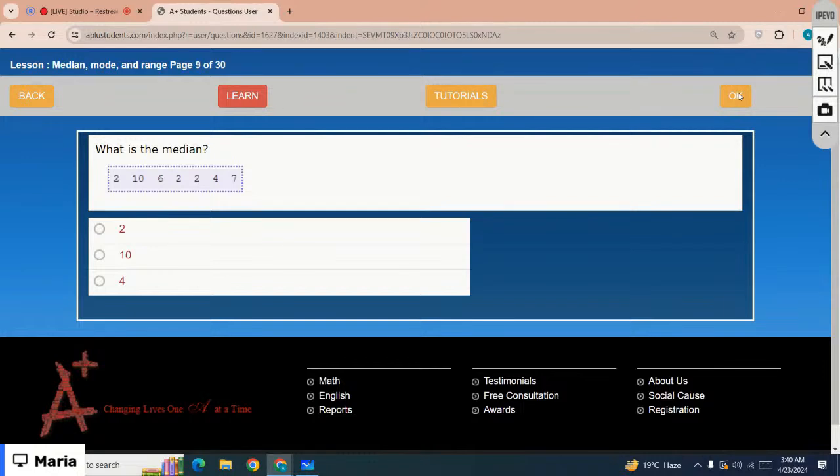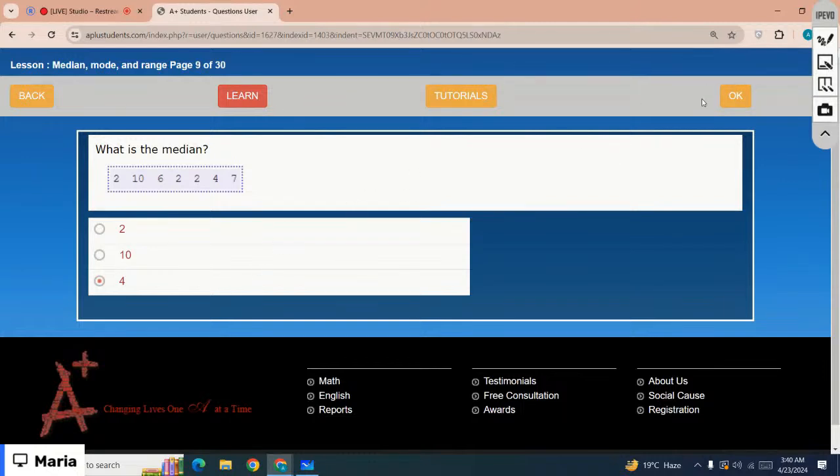What is the median? Which is the correct option? Yes, that is 4.